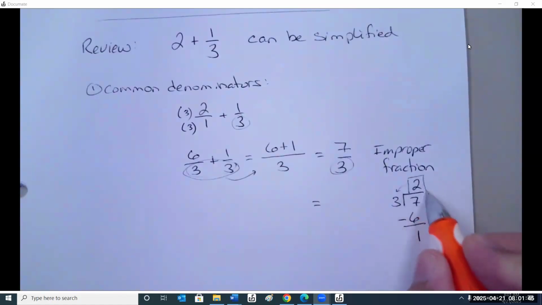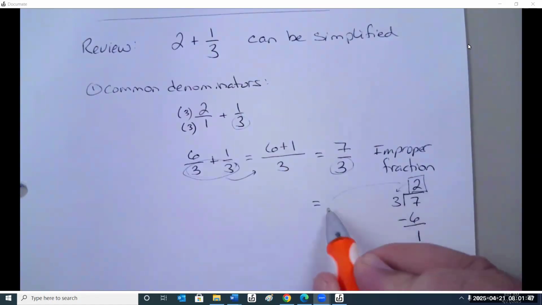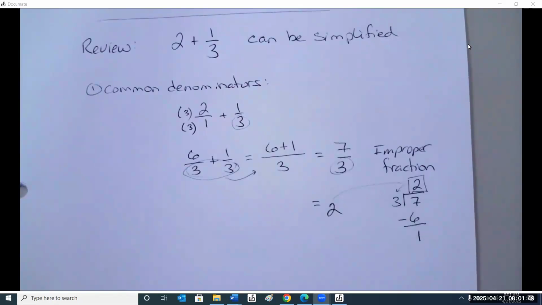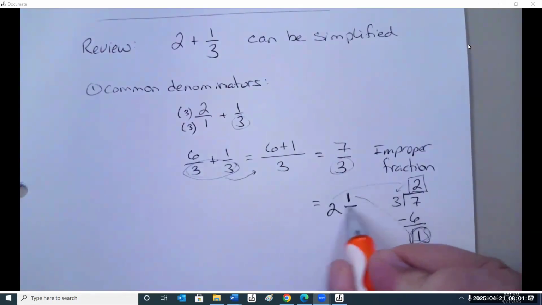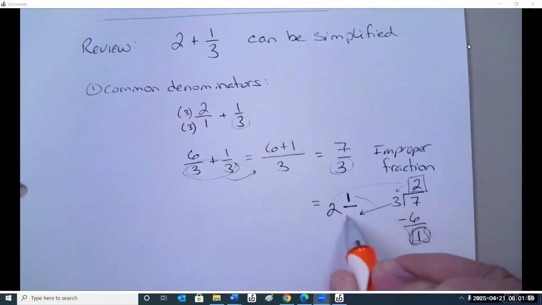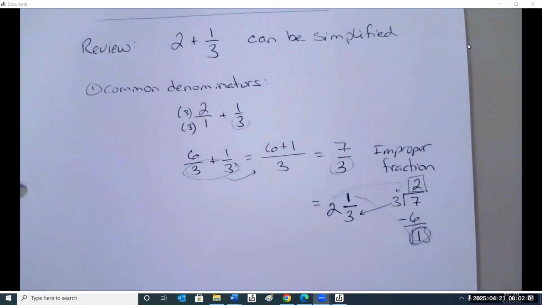Remember, this top number is your answer. That goes out in front. The remainder goes on top. And the denominator always stays the denominator. Okay, you just labored. You did all that stuff to get that answer.